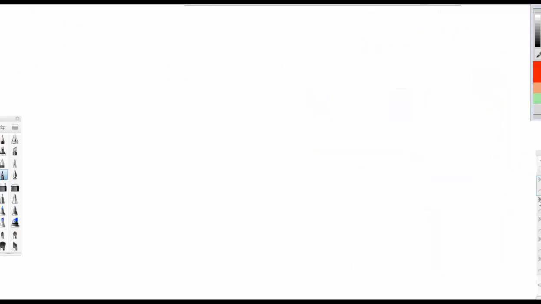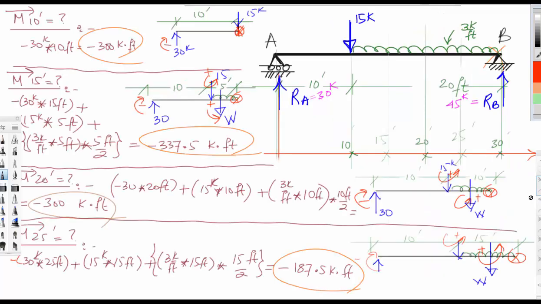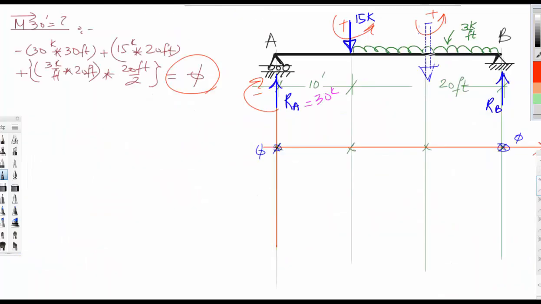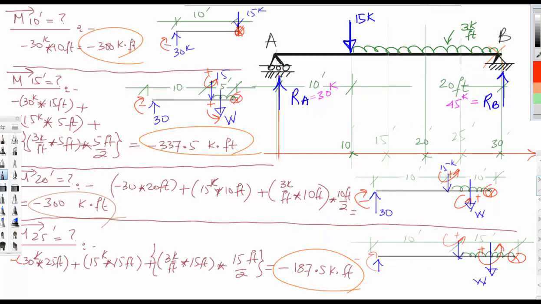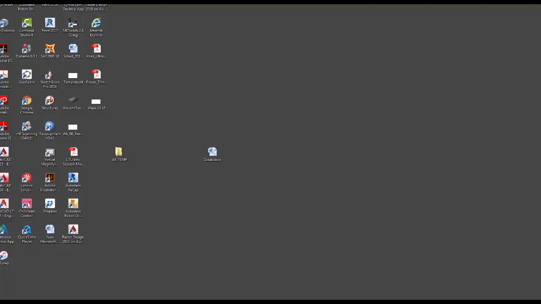Then I have minus 300, minus 337. This is minus 300, and here is minus 337, and then I have minus 300 and minus 187.